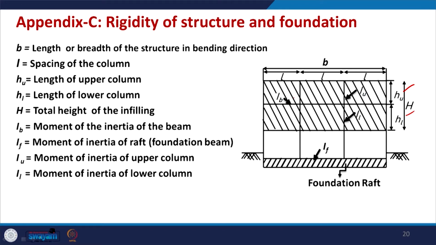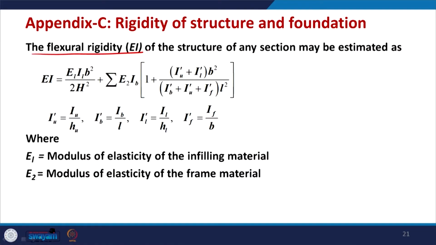Using these notations, we calculate the flexural rigidity EI of the structure, which for any section may be estimated as here, and then we find the value of K using the rigidity of the foundation. You can see that EI is given by this relation on the right hand side.